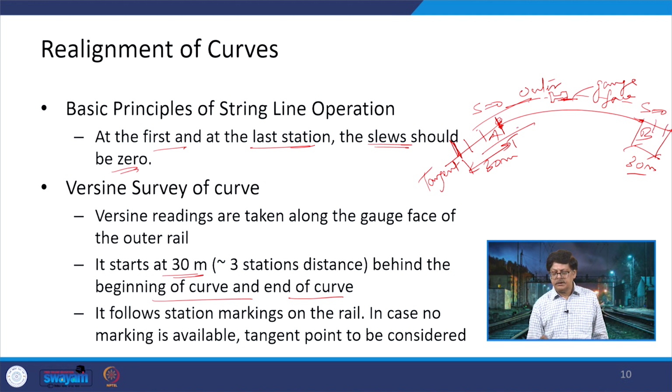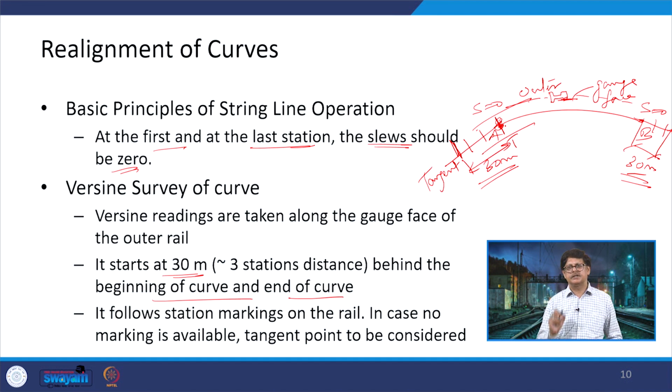We need to understand that if any distortion is coming on the curved section, it should not come to the straight portion, and we are trying to identify if anything happened at the start or end of the curve. It follows the station markings on the rail. In case no marking is available, the tangent point is to be considered. So, we start with a tangent point and take the values here.